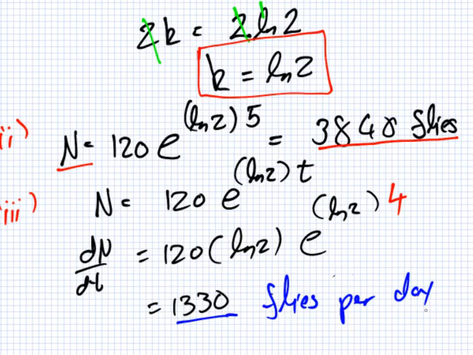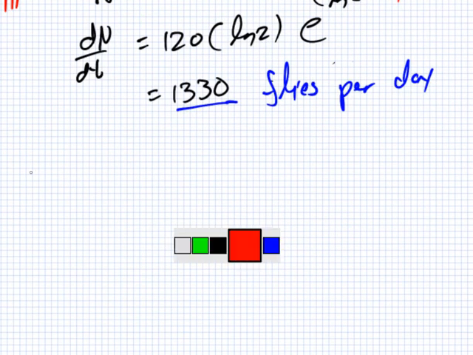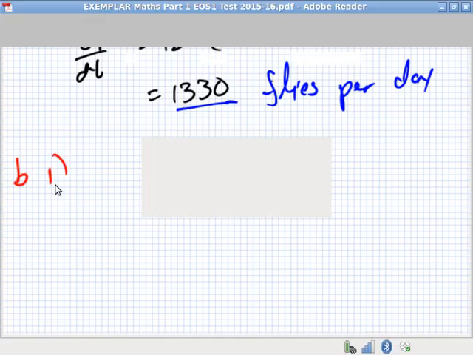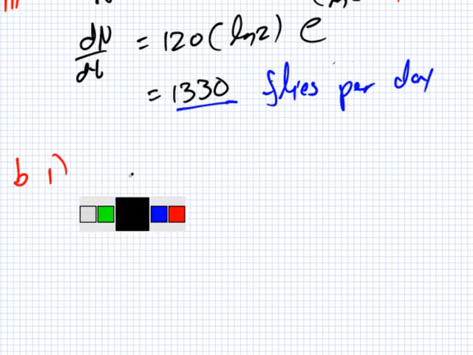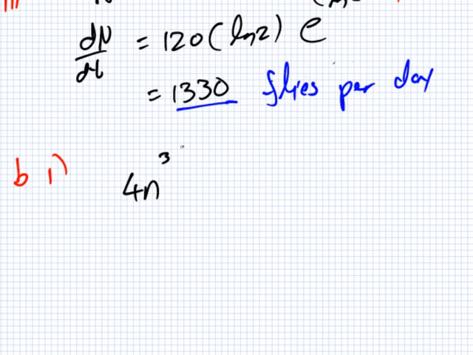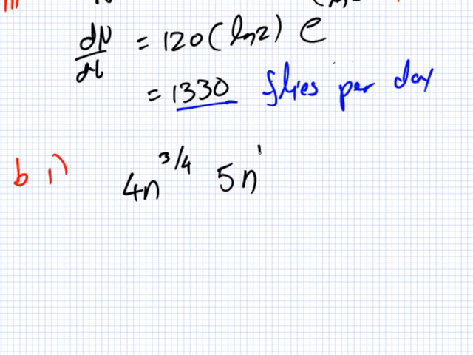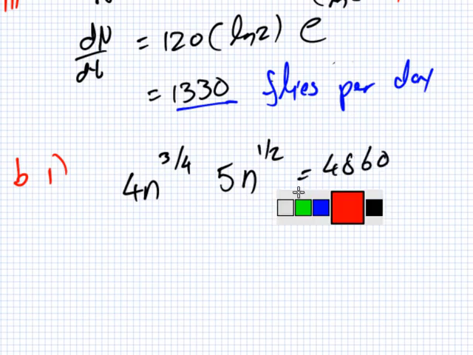Okay, so for part B here, we have an equation to solve. 4n to the power 3/4, and the second one is 5n to the power 1/2.